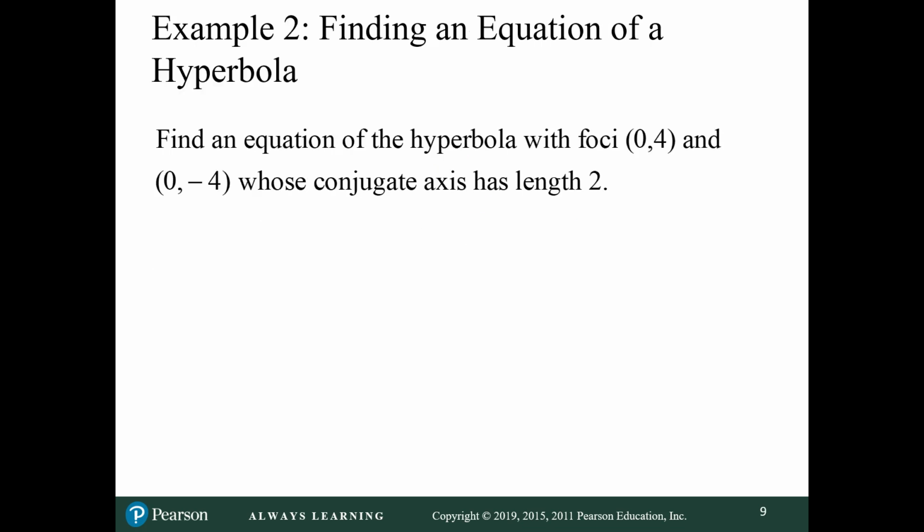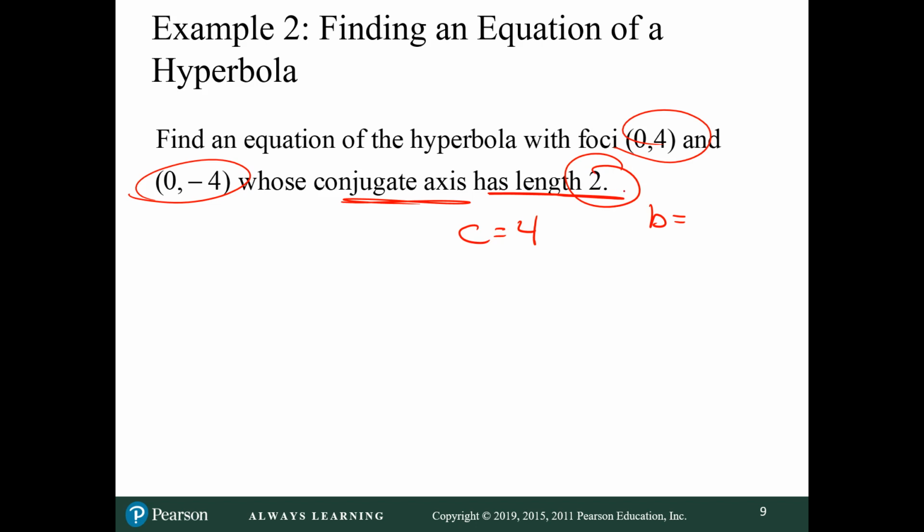Wow, isn't that amazing? Okay, find the equation of a hyperbola with these foci and whose conjugate axis, the conjugate axis is the minor axis, not the major axis. So c equals 4. The conjugate axis has a length of 2, so b equals half of this, because your length is half of it, so it's 1. So c squared equals a squared plus b squared, so 16 equals a squared plus 1.